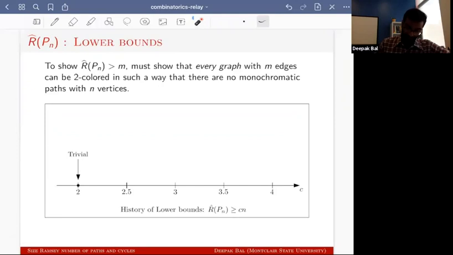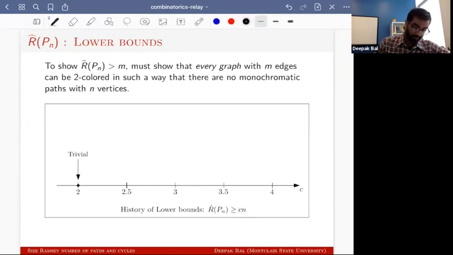Okay, so I'm going to show this chart here. This axis is C, and I'm giving lower bounds of C times n. So why is 2 a trivial lower bound here? Because if G has 2n minus 4 edges, then what could I do? I could color n minus 2 of them red and n minus 2 of them blue.